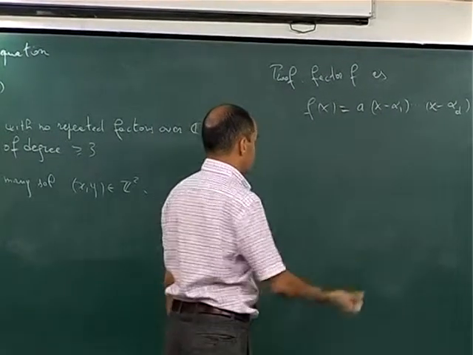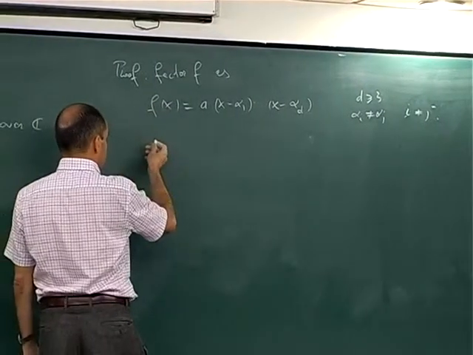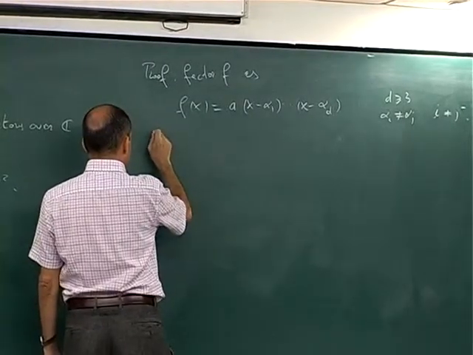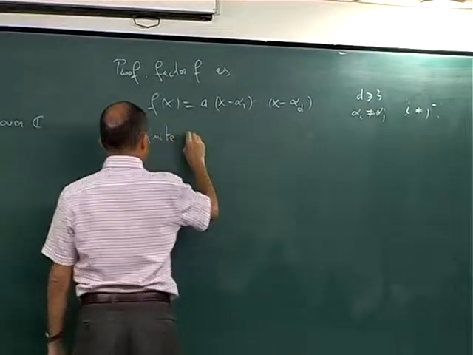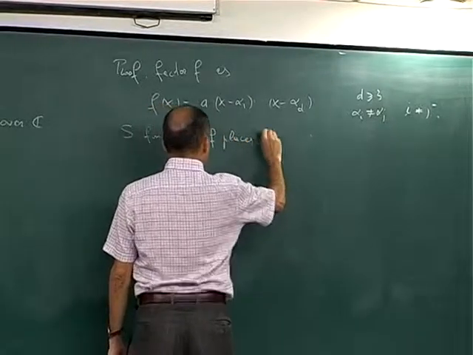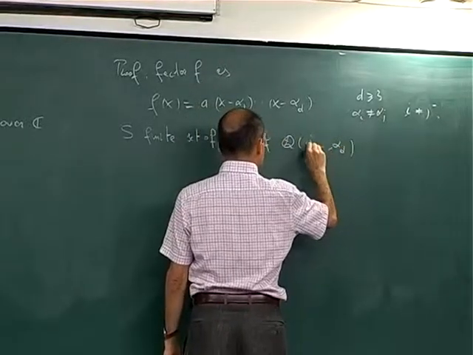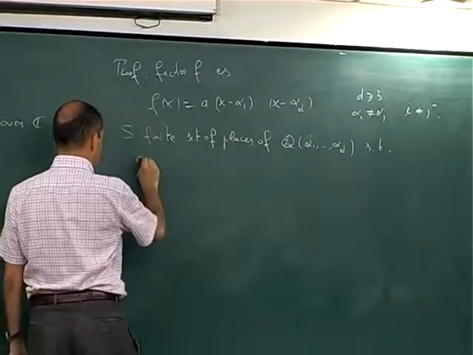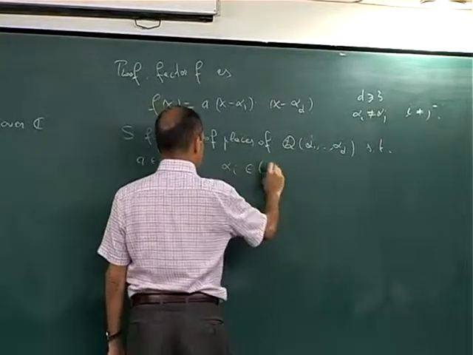Now consider S a finite set of places of Q(alpha 1, ..., alpha d) such that a is an S unit and the alpha i are all S integers.